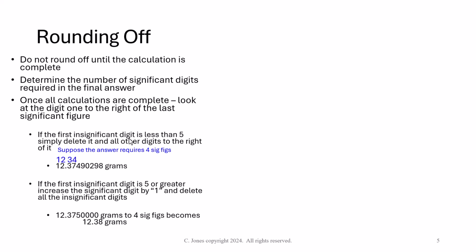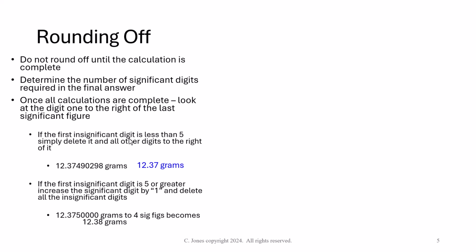That's as far as our answer can go, right? Those 4 digits. So now we're going to look 1 digit to the right of the last digit that would be in our answer, and we see that it's a 4, okay? And 4 is less than 5, so we just discard the 4 and everything beyond it. And so our answer turns out to be 12.37 grams, all right?